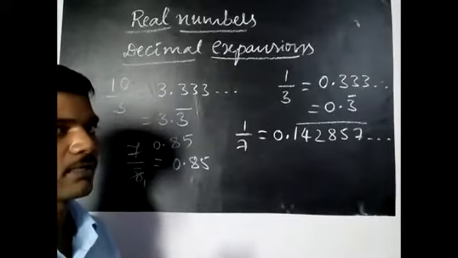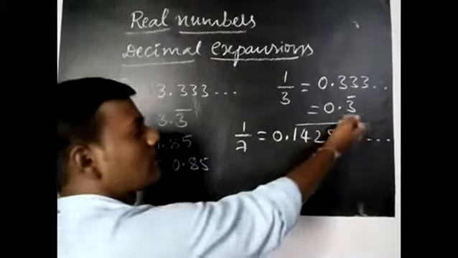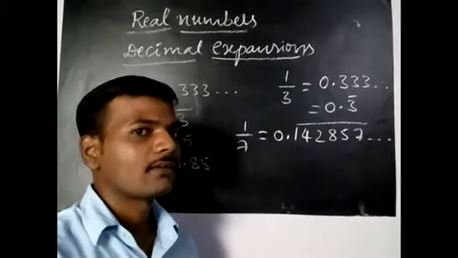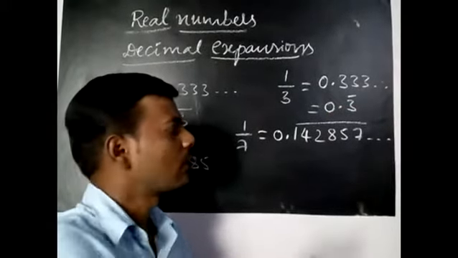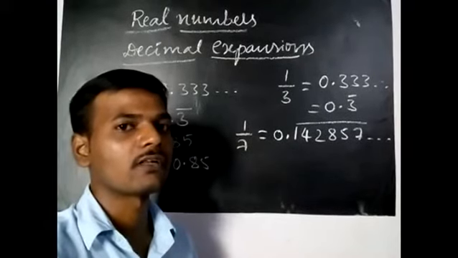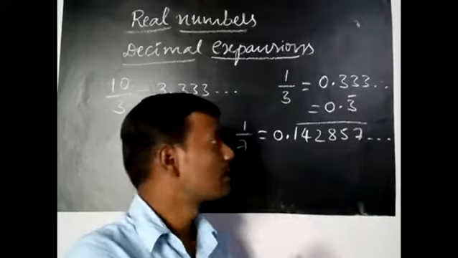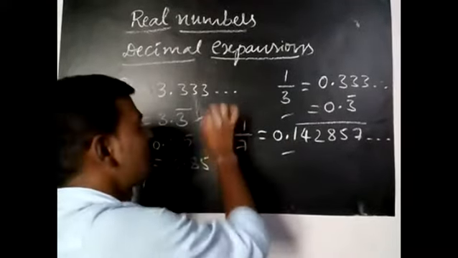The division process ends and the remainder is 0 there. And next here the digits are continuous, repeating. The repeating block is repeating continuously after the division. So there is no end for the division in these decimal expansions.